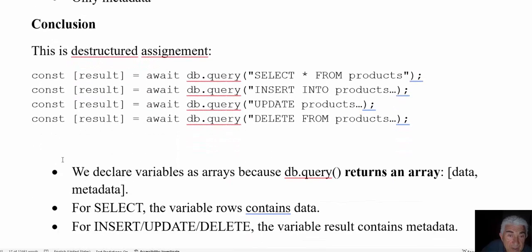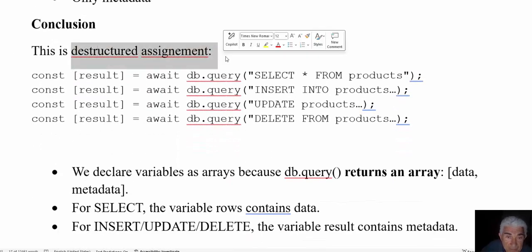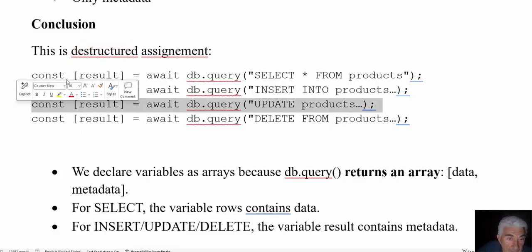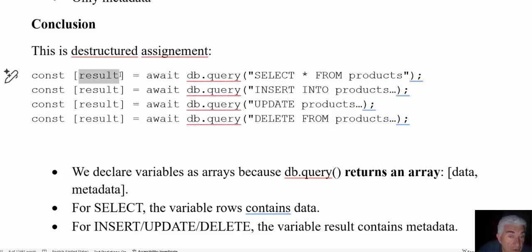Conclusion. This is the destructuring assignment. Constant result. I now write result here, not rows, and it is the same. We see data again, result.